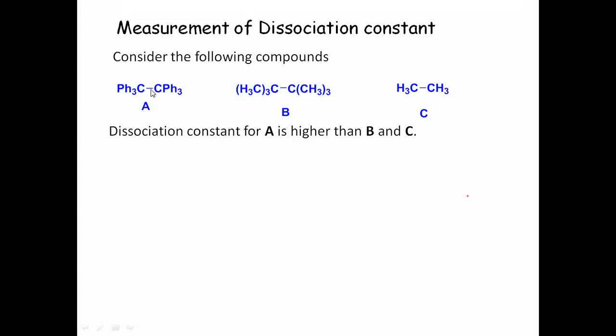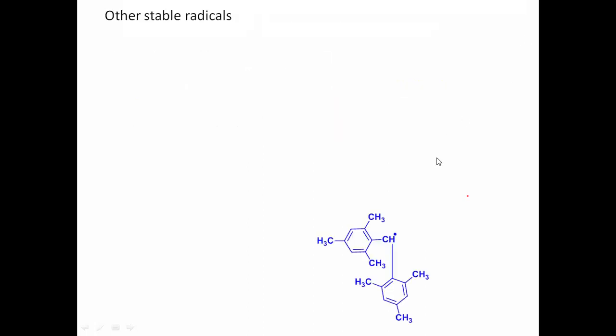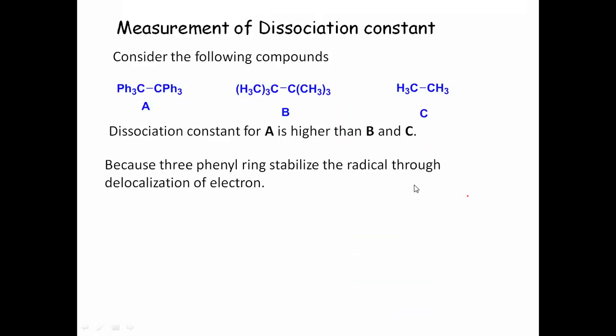So the most stable would be which one? The one which is forming from A, right? Yes, this would be the most stable. The reason is the stability of this free radical through the resonance of the phenyl groups.